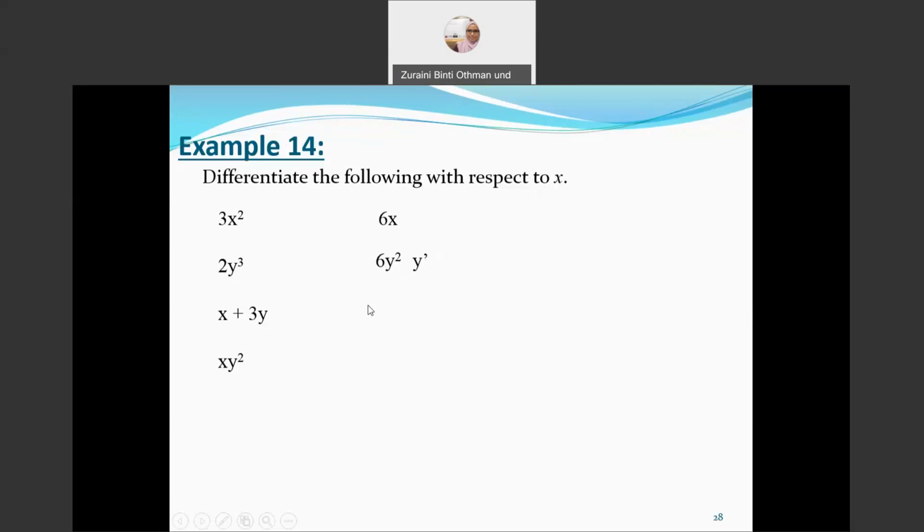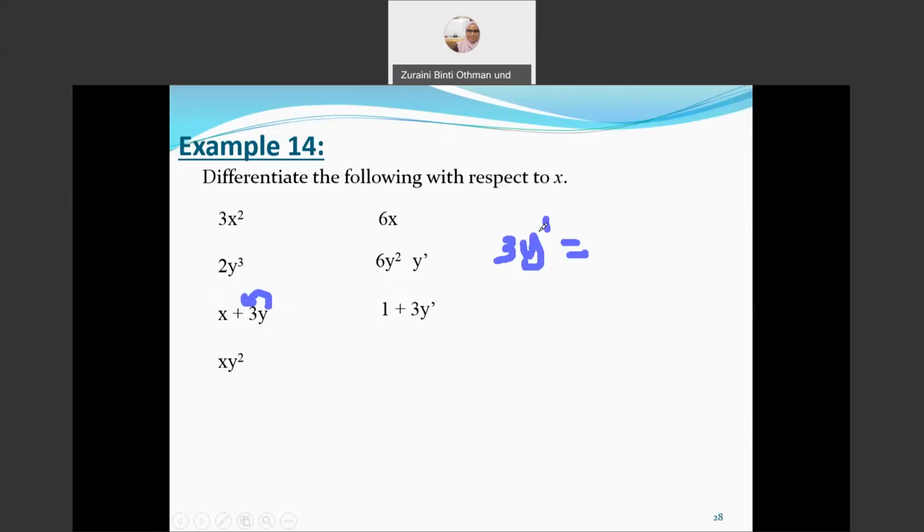Okay, so sekarang dekat sini contoh yang ketiga. Kita ada 2 term dekat sini dan tambah. Then we have to differentiate y. Differentiate x, it becomes 1 because 1 power kuasa 1 letak kat depan, so atas ni 1 tolak 1 dapat kosong. Apa-apa yang kuasa kosong will get 1. Then 3y becomes 3y prime. Boleh faham tak ni? 3y means 3y power of 1.